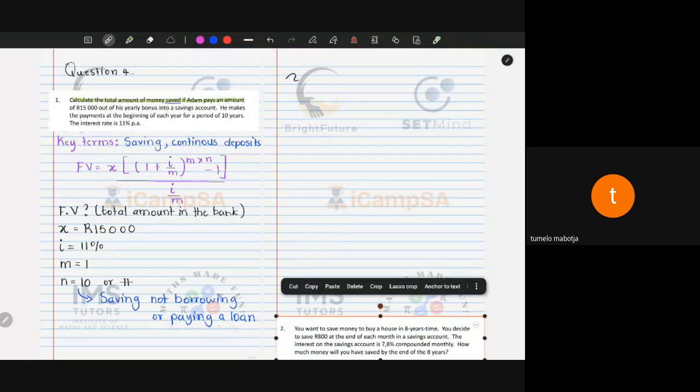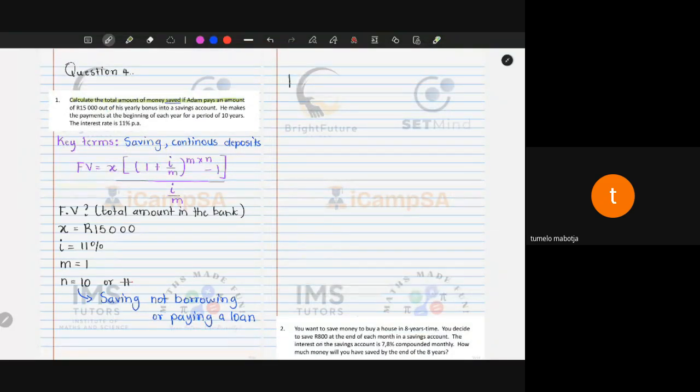So our future value, which will be the amount at the bank after 10 years, will be this: the person is putting in 15,000 out of their bonus. Let's see if in the future, guys, we're going to make money. Plus 11%, all to the power of 10 years, so we'll have 10 minus 1. The compounding period, remember, is 1.